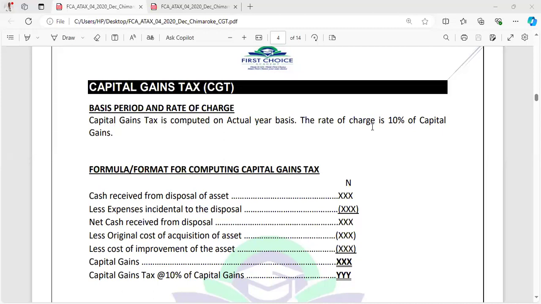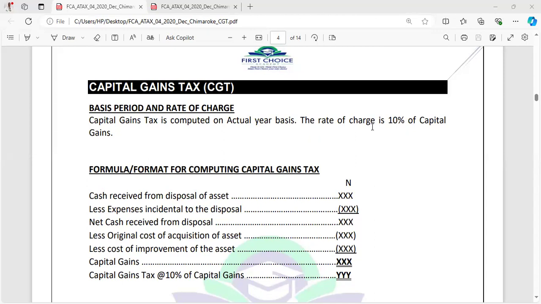Now, the rate at which capital gains is charged is 10%. So when you get the gains from your assets, you charge 10%.